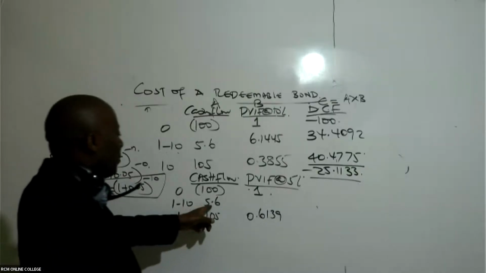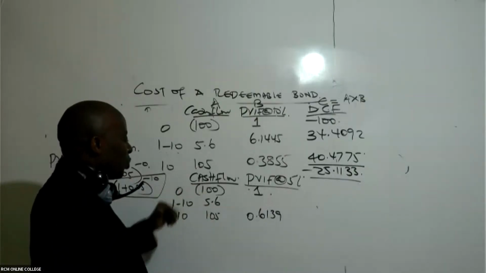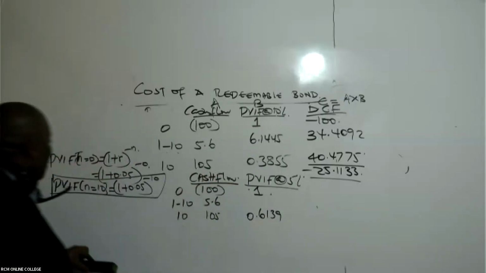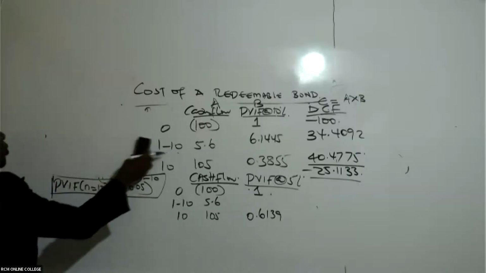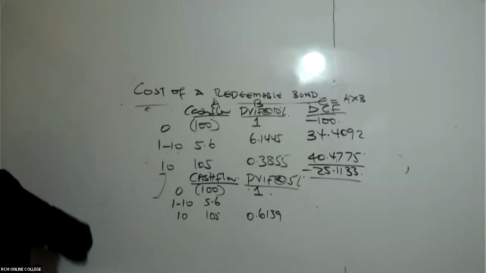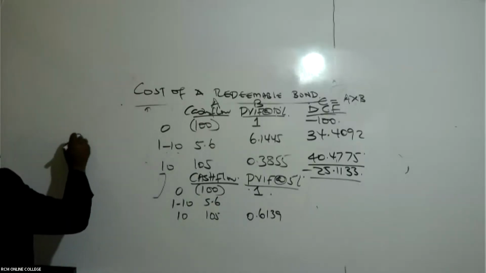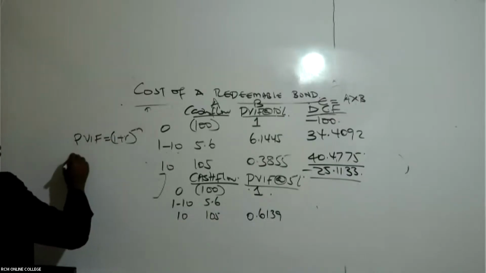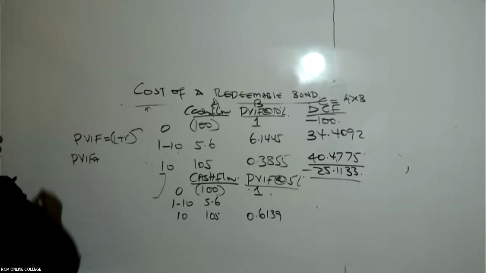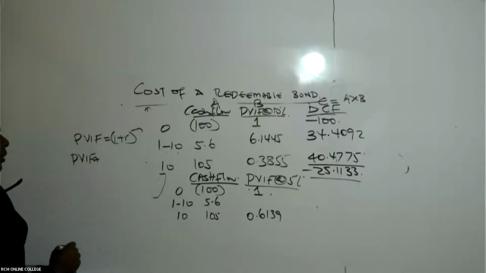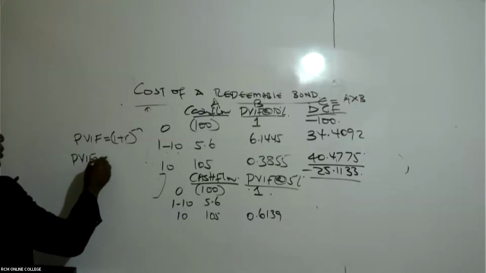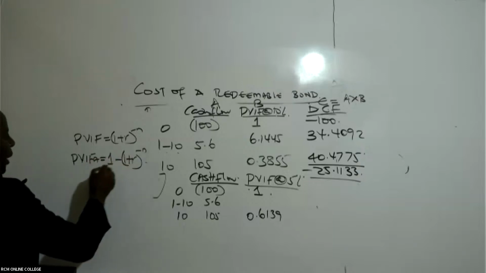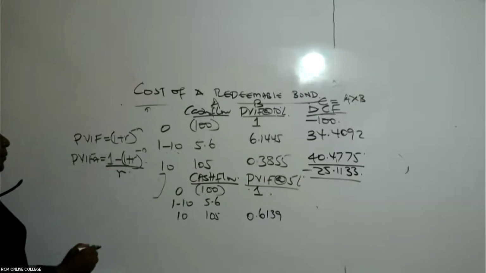Now this 5.6, remember, is an annuity. It's a series of figures. So we shall use not PV, but PV5. Fortunately, you guys know present value interest factor of an annuity. To get PV5, ladies and gentlemen, we take 1 minus (1 plus r) raised to negative n, divided by r.